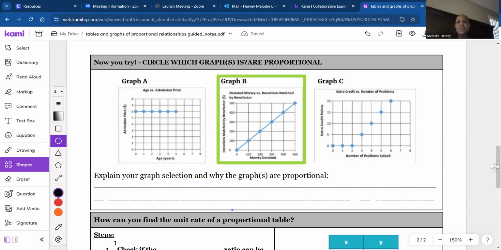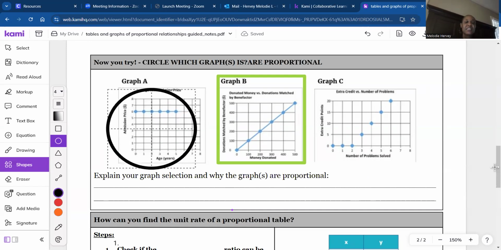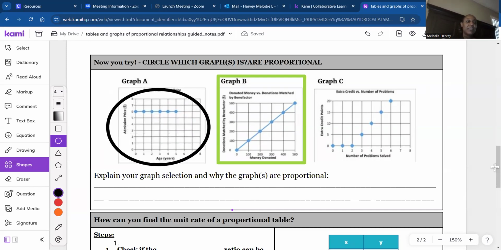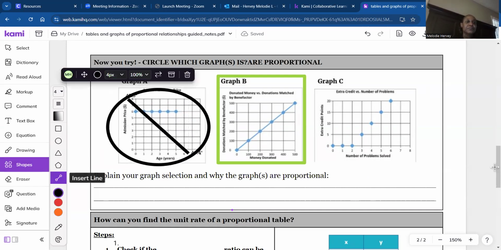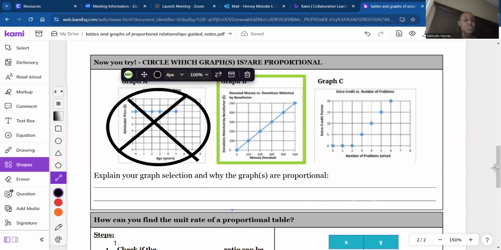Well, it has to meet two criteria. It has to go through the origin and it has to increase proportionally. Okay, so does it go through the origin? No. So because it does not, that's an automatic no, it is not a proportional relationship.